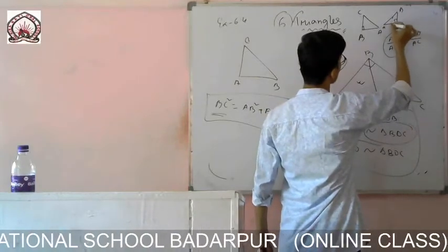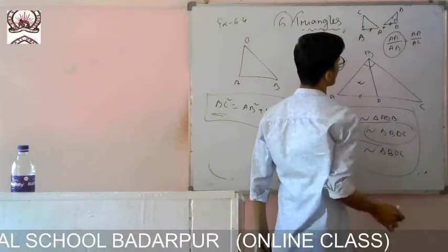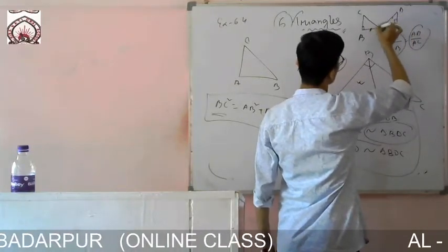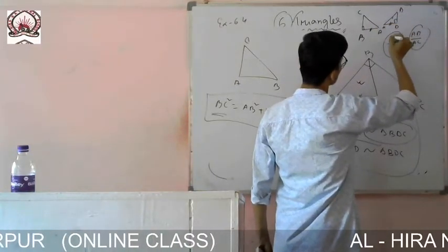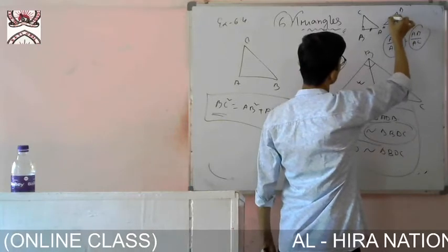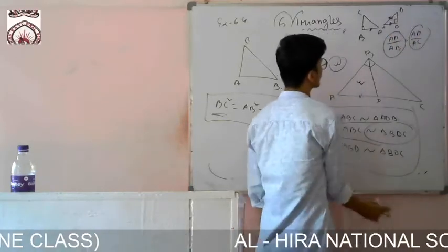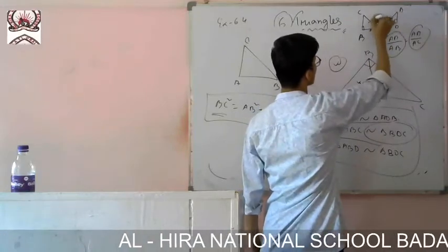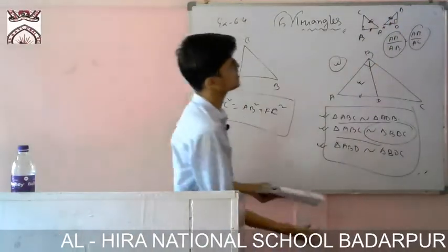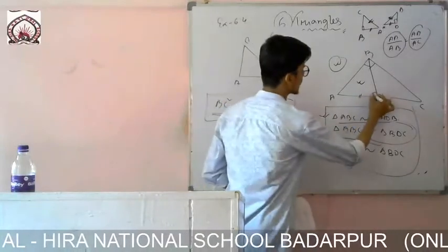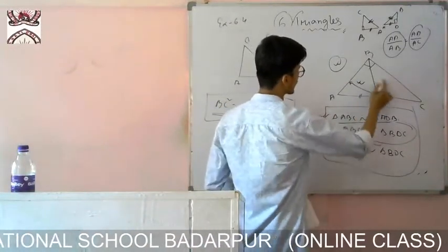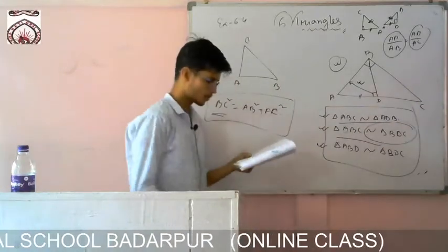If you see carefully, there is AD and AB, and then AB by AC. For the bigger triangle it is AB, and for this triangle the hypotenuse is AC. This is the 90 triangle for the smaller one. For this one it is the hypotenuse, and for that one this side is the hypotenuse. So one we have got.